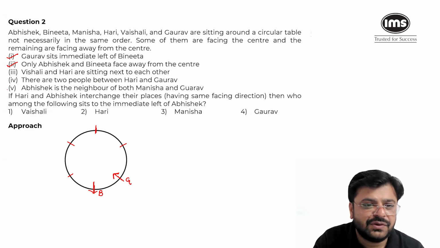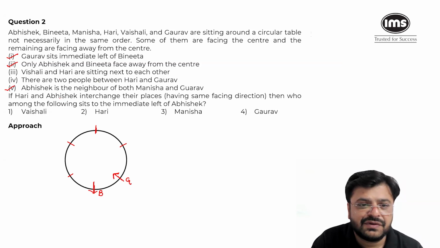Then we can use this statement, which says Abhishek is the neighbor of both Manisha and Gaurav. Since Abhishek is the neighbor of both Manisha and Gaurav, in a circular arrangement, it will be the immediate neighbor. So Abhishek must be here facing outside, and Manisha must be facing the center in this case.